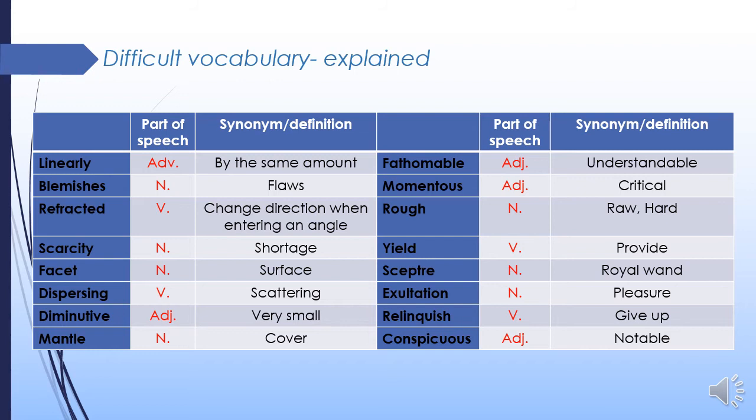Scepter is a royal wand usually carried on occasions by kings, celebrations. Exaltation, it's a noun and it means pleasure. Relinquish is a verb and it means to stop doing, to give up. Conspicuous is an adjective and it means notable.